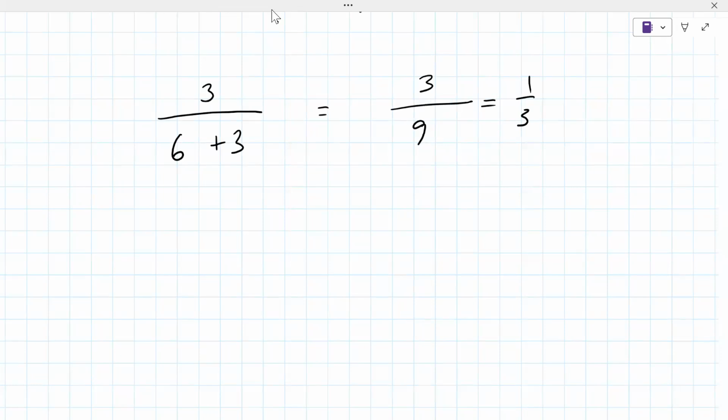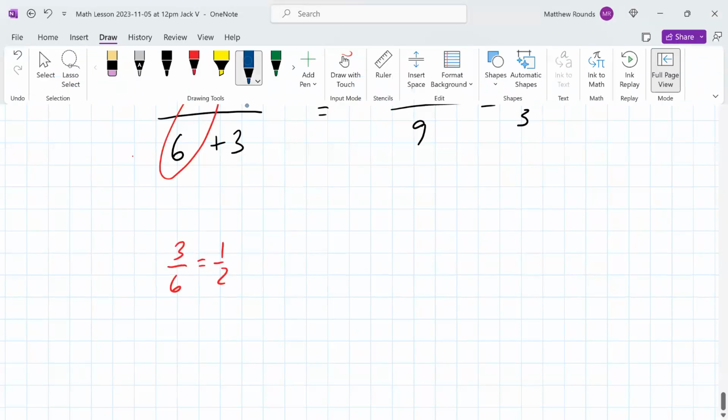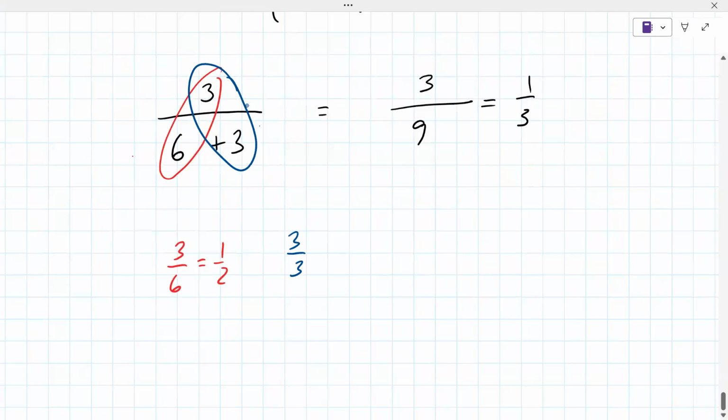Let's say we applied Bizarro rules. What is 3 over 6? 1/2. Okay, and maybe we'll apply some more Bizarro rules. What is 3 over 3? 1. Okay, now what are you going to do?